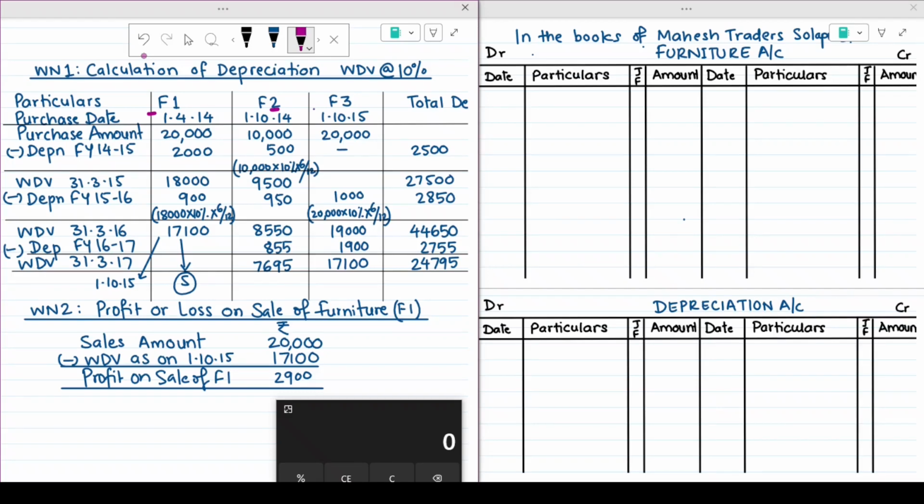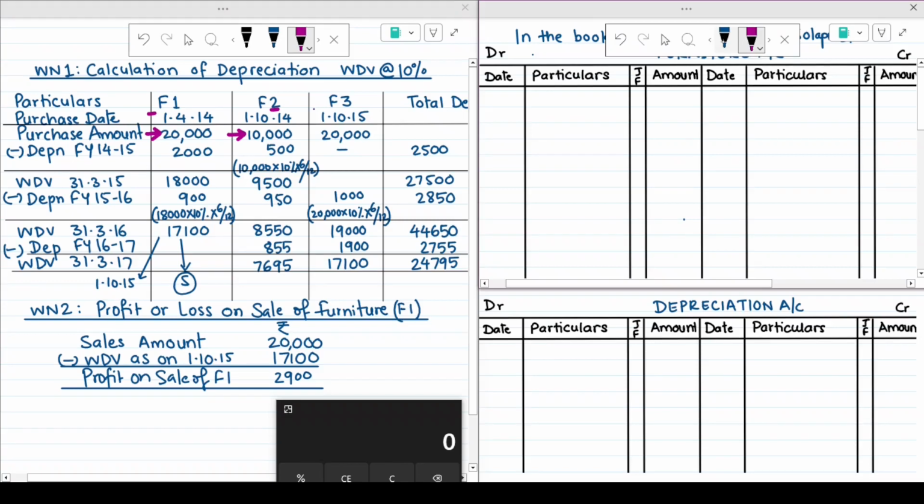First furniture was purchased on 1st April and the second on 1st October, 20,000 and 10,000. So we will pass entries for these two purchases. What's the entry for purchase? We debit furniture account when we buy furniture, right? When there is addition in furniture or when the value of furniture increases, it is debited, that is the rule, right?